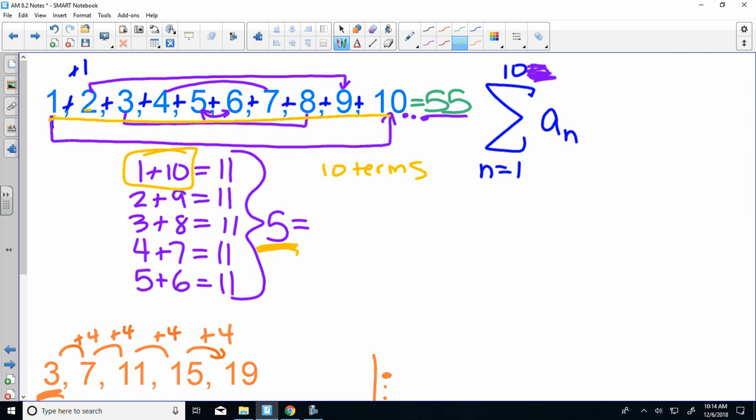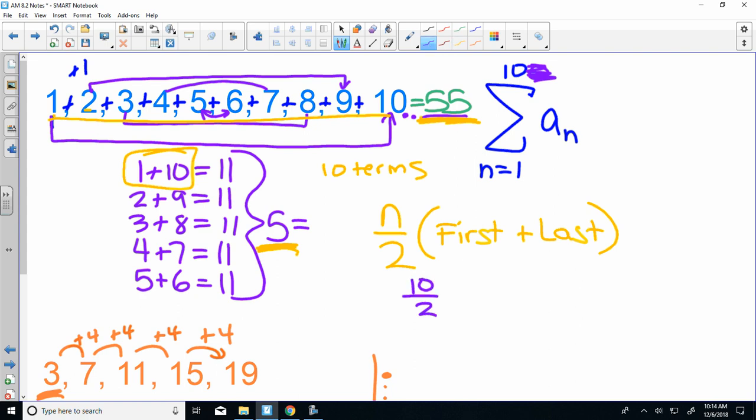And so if you take the first term of your sequence and you add the last term of your sequence, and then you take that and multiply it by the number of terms you're dealing with divided by 2, you will get this sum as well. Because 10 is the number of terms divided by 2, and the first term is 1 plus the last term is 10.